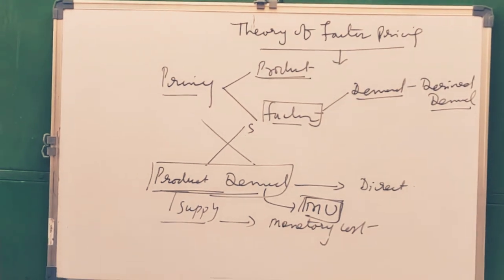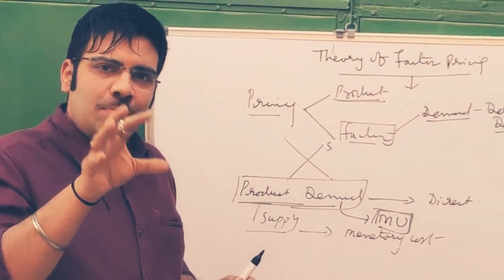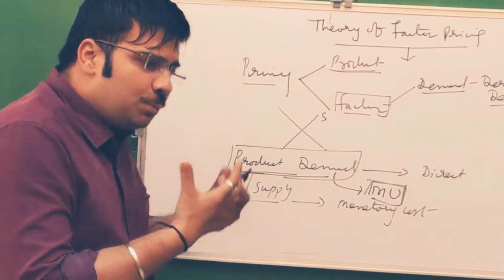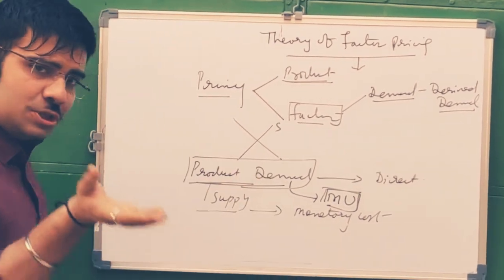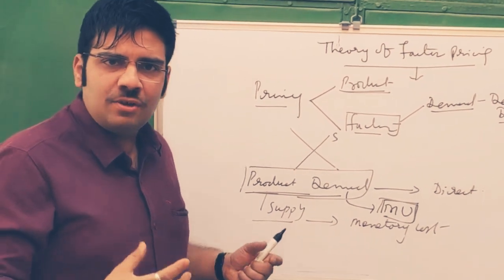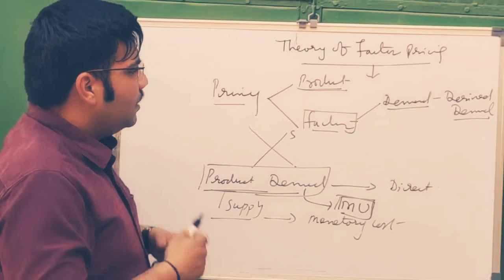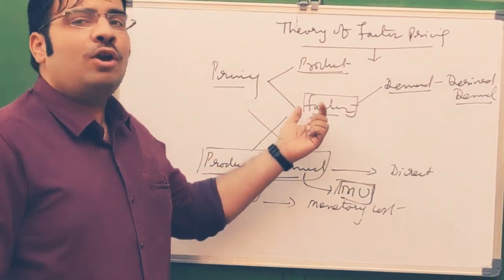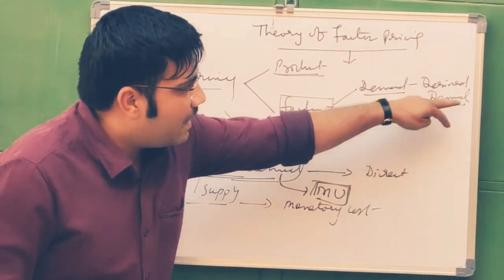If a house is the product, and once a house is demanded, then bricks, cement, raw materials, iron rods, and labor are needed to build it. These are called factors of production, and their demand is known as derived demand.